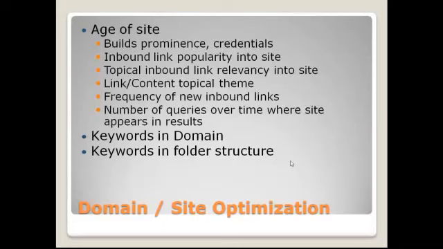And another factor is the number of searches over time where the site appears in results. Keywords and domain. So if you're selling diamond rings and your domain is diamondrings.com and you have that in the folder structure, which, if you're looking at a URL, would be diamondrings.com/diamondrings, that is a strong case that the page is most likely about diamond rings.